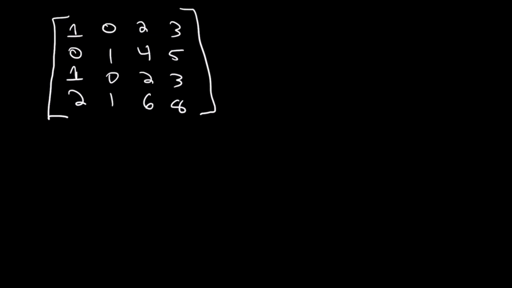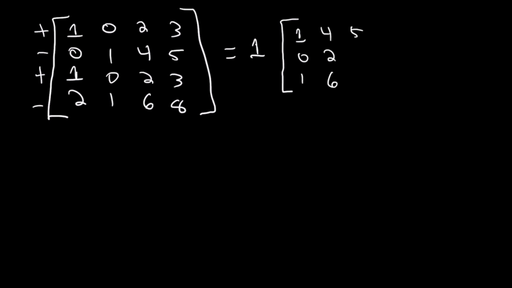This next one is a little bit harder, and this one is a 4 by 4 matrix. We're going to do it like the last one, so you're going to do positive, minus, positive, minus. Just like last time, we're going to break it up into mini 3 by 3 matrices. 1, 0, 1, 4, 6, 5, 3, and 8.